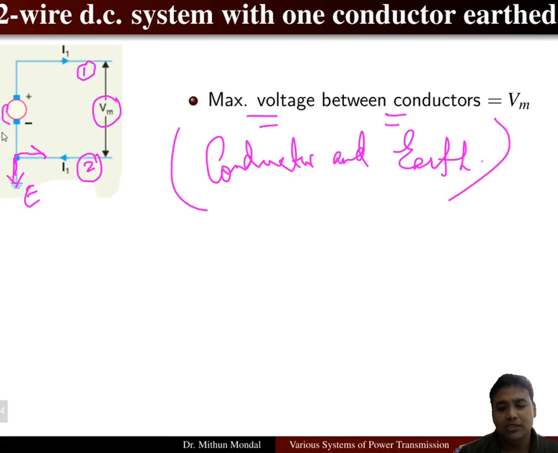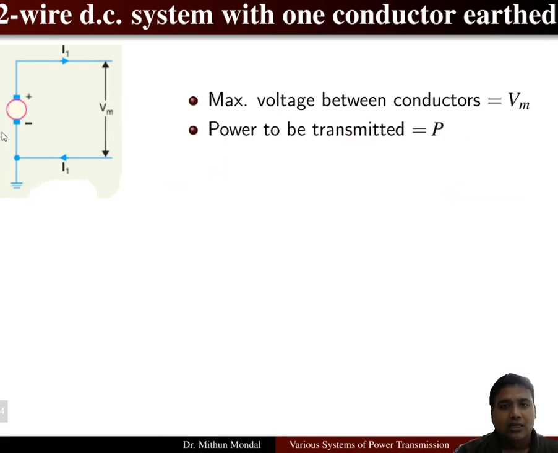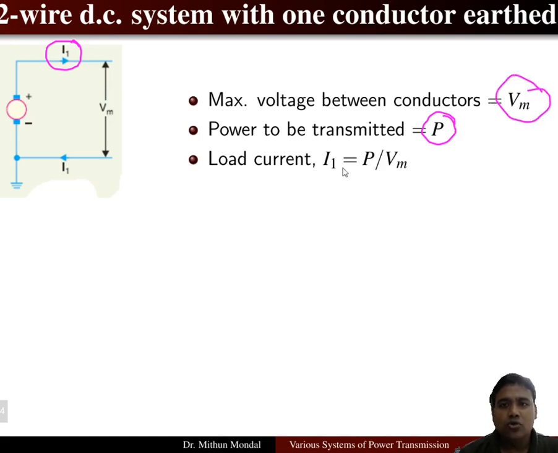This is your DC system. So the power that has to be transmitted remains constant, and that is P. Third, if you have to determine the current flowing here, I1, and you know the power is P and the maximum voltage is Vm, so the load current I1 is equal to P by Vm.